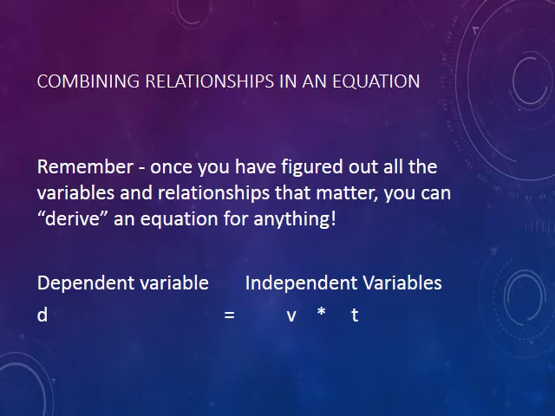If we decide to say double the velocity we're traveling at and triple the time over which we're traveling at, we are going to increase the distance we travel by 6, because v times t equals d. If v is 2, t is 3, we're going to go 6 times as far, or 6 times farther.